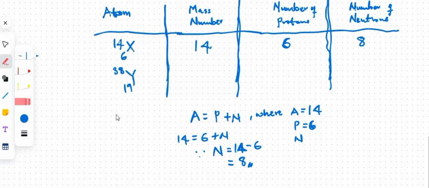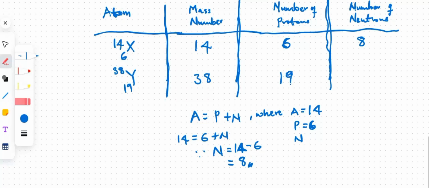So 14 is your mass number, and 6 is your number of protons. So 14 minus 6 will give you your number of neutrons. Let's do the second one quickly. What is our mass number? 38. What is our number of protons? The same thing as our atomic number, so it is 19.